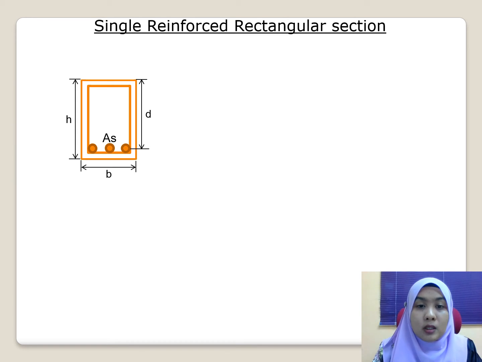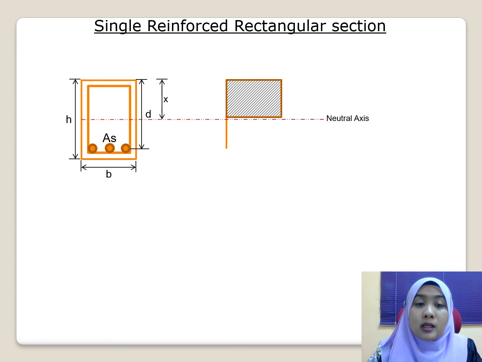Okay, so then we draw a line of neutral axis. Neutral axis is taken about x value from the top of the section. So you draw your neutral axis line, and then we draw the stress distribution in the concrete.